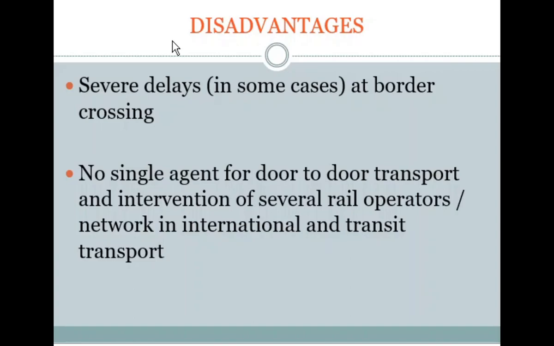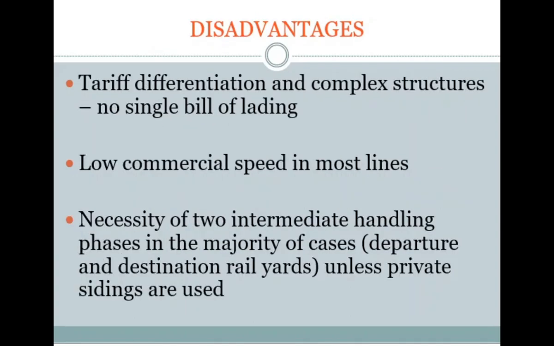You have to interface or deal with different entities in order to have cargo sent on a network. The fact that you deal with different franchises and different entities is not easy to negotiate, and this may make the whole structure complicated.